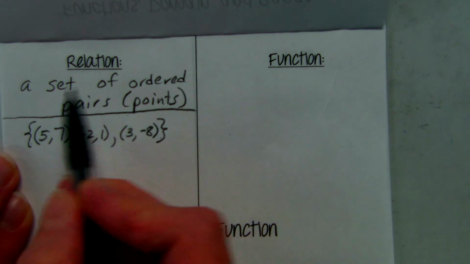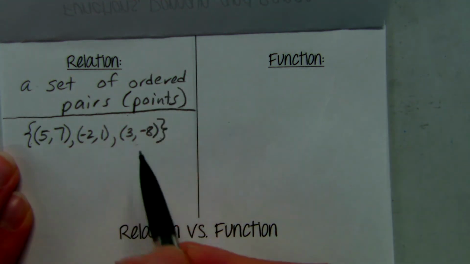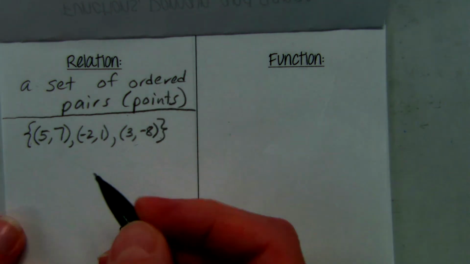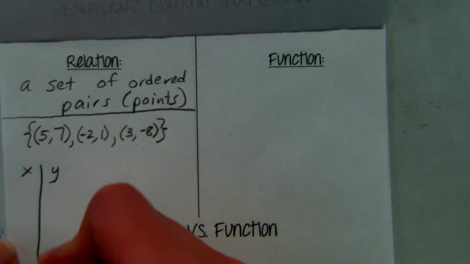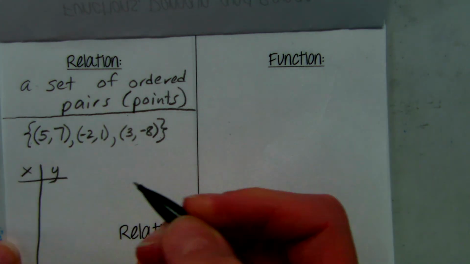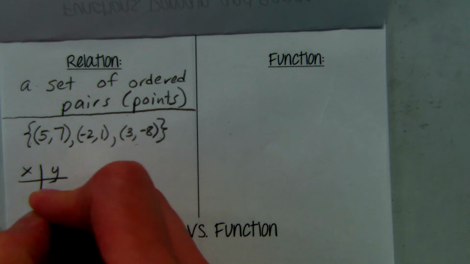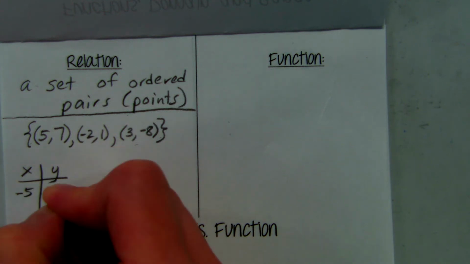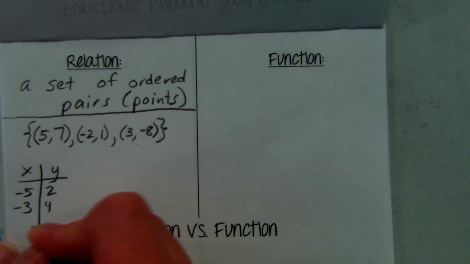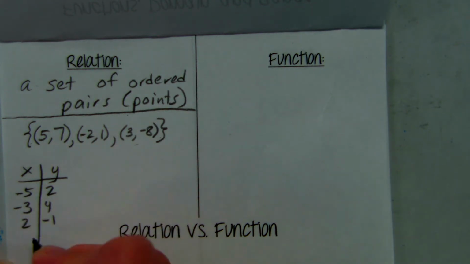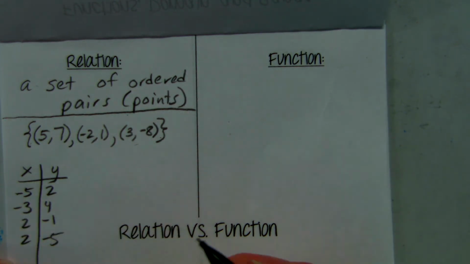I'm going to draw a line here so you have a difference between the definition and what's down here. You can also have a table. They might put X and Y like this, and they might say -5, 2; -3, 4; -1, -5.